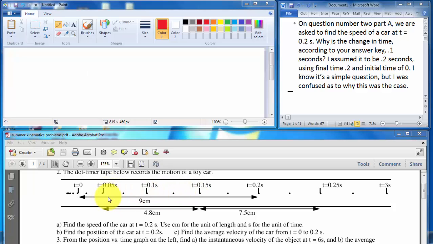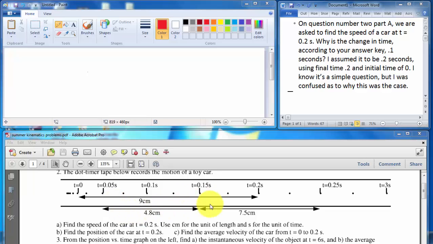Is that right? No, 0.025 seconds. Okay. So the spacing between the dots is getting bigger, which means from this dot to this dot was the same amount of time as it was from this dot to that dot, but of course right here it covered much more distance than it did over here.